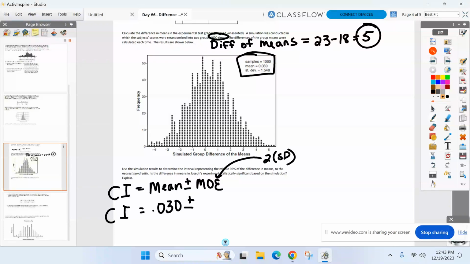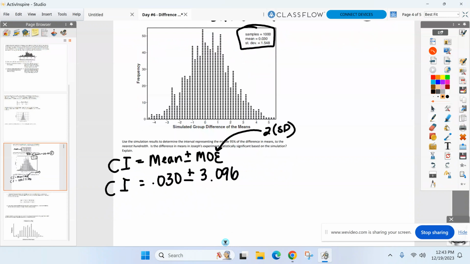Watch the rounding directions, because I want this 95% confidence interval to the nearest hundredth. I could follow my own directions.